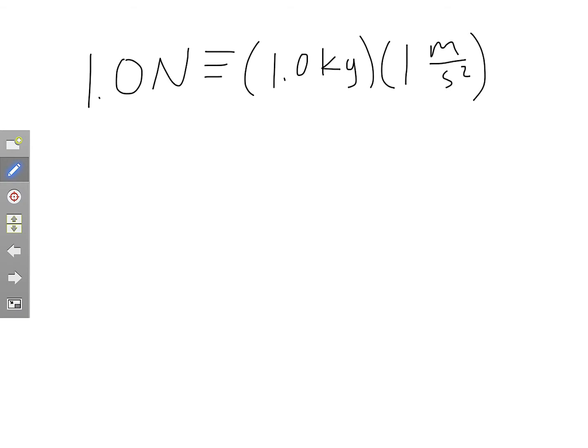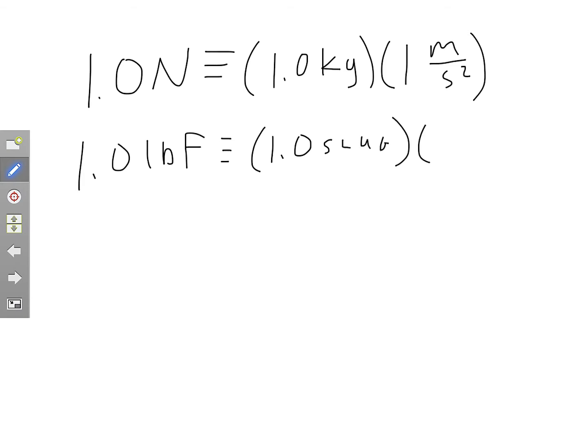It's also a definition that 1.0 pound force is defined to be the force necessary to move 1 slug at a rate of 1.0 feet per second.